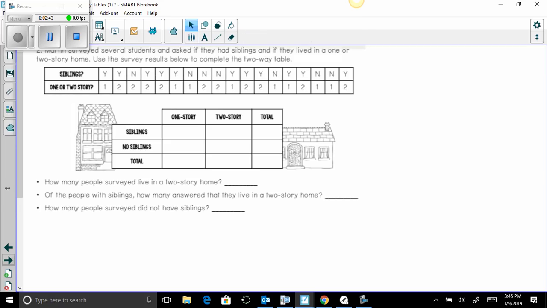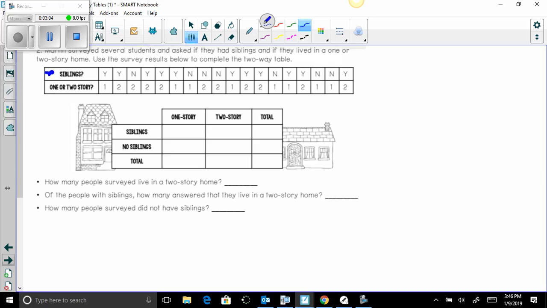Next question. Martin surveyed several students and asked if they had siblings and if they lived in a one or two-story home. Use the survey results below to complete the two-way table. So, let's look at the data that we are given.